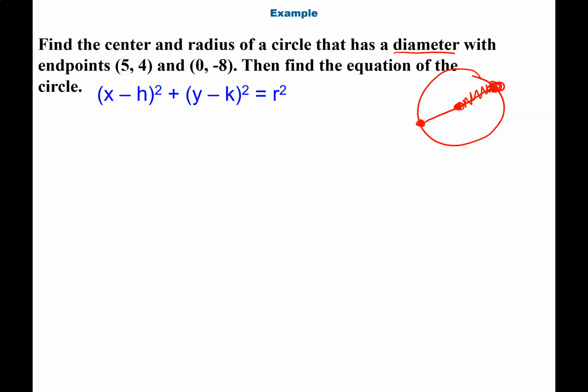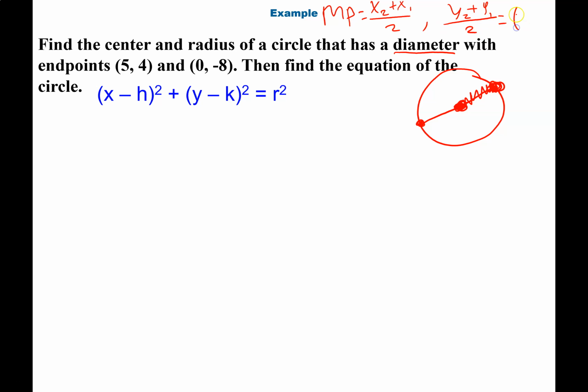Since I want the center, I need to figure out the midpoint. Just in case you don't remember the midpoint formula, because you should have seen it way back in geometry, I will give it to you. The midpoint is x2 plus x1 divided by 2, comma, y2 plus y1 over 2.